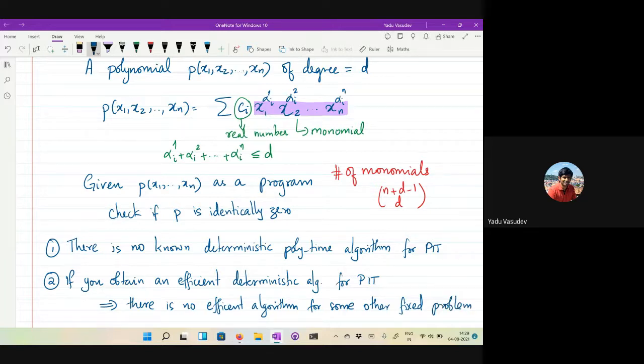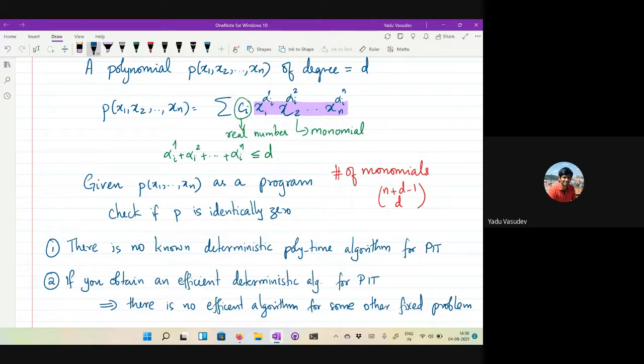So if you can actually come up with this algorithm for PIT, then you will end up also showing that there is this other problem. It's not important what that problem is, but in fact, a whole bunch of problems, right? You will end up showing that those other problems do not have an efficient algorithm, right?